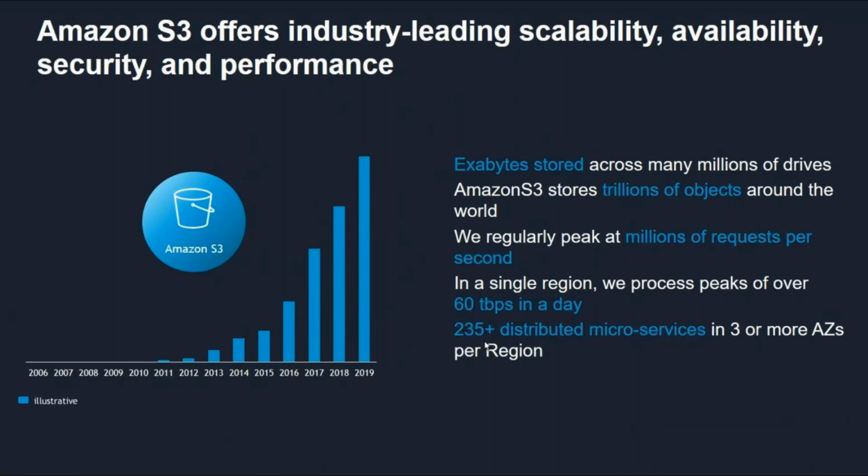We regularly peak at millions of requests per second around how much throughput we do with Amazon S3. In a single region, we can see as high as 60 terabits a day processed through Amazon S3. In addition, of course, inside of the availability zones per region, we support 235 distributed microservices.